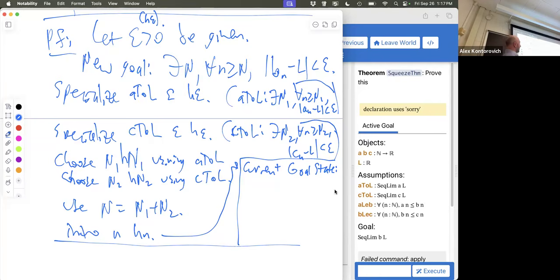We gave them names. We chose them. So when you say use N equal to N1 plus N2? Yeah, this is natural language. So really, we would just say use N1 plus N2, but that's what we're thinking of as begin.